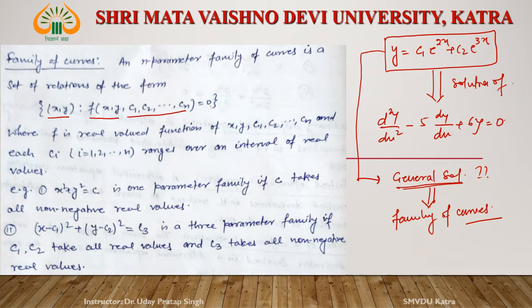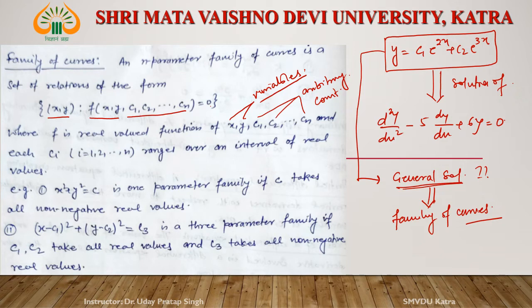What is f? f is a real valued function. x, y, c1, c2, ..., cn: x and y are the variables, one dependent and one independent, but these two are variables. c1, c2, ..., cn are the n arbitrary constants.